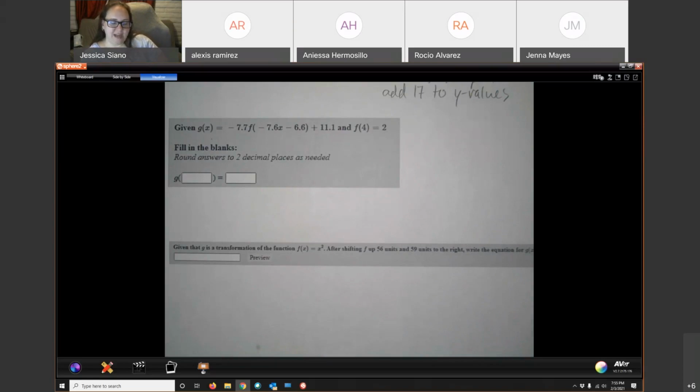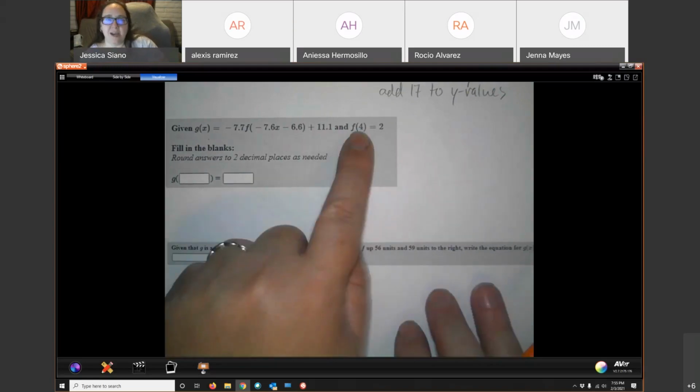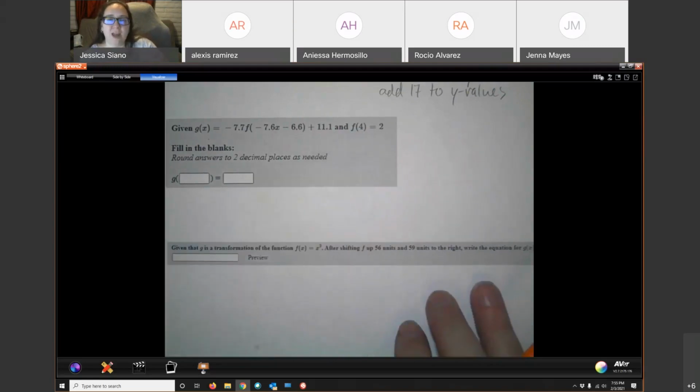If you see negative 7.6x minus 6.6, and I tell you that x is 4, your gut is to multiply 4 by negative 7.6 and then subtract 6.6. And I am here to tell you with the transformations, you want to do the opposite operations and in the opposite order. So instead of multiply and subtract, you are going to add and then divide.